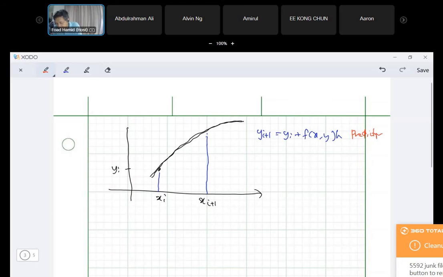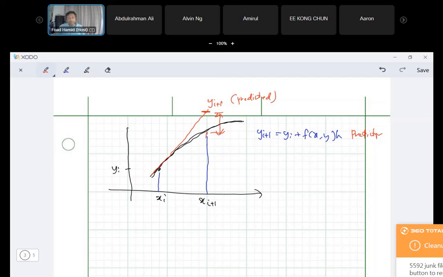We predict that the slope is maybe here. So this is our yi+1 based on our predictor, the predicted yi+1. Again, you can see that there's a lot of error here.